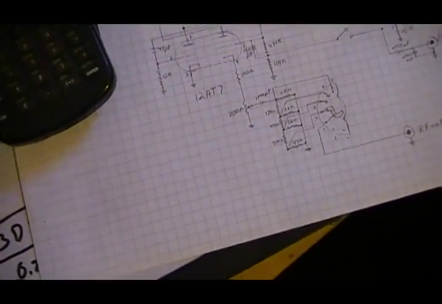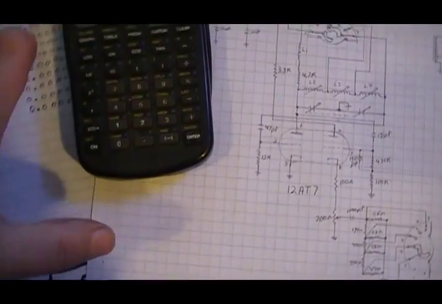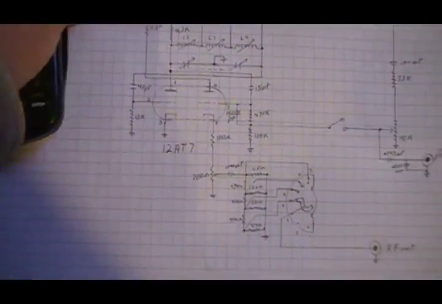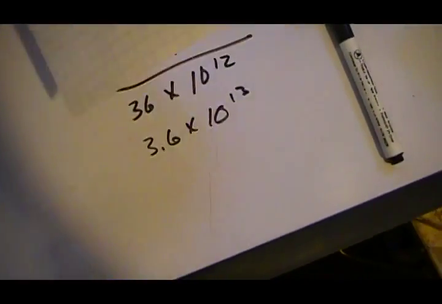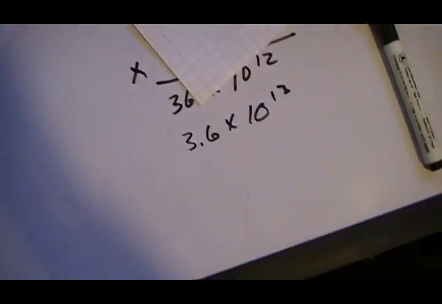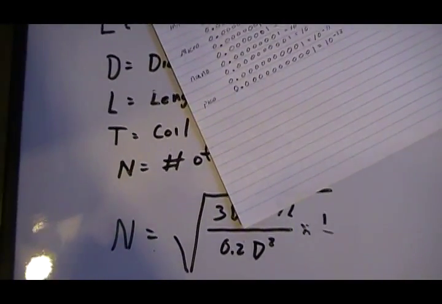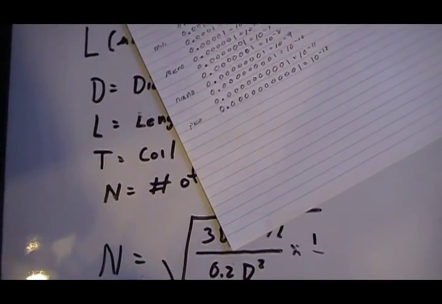This is getting really long and I'm sorry about that, but it's a lot easier to use scientific notation, especially when you get into very large or very small numbers. The tuning condenser here, at the lowest capacitance end when it's fully open, is like 8 picofarads.